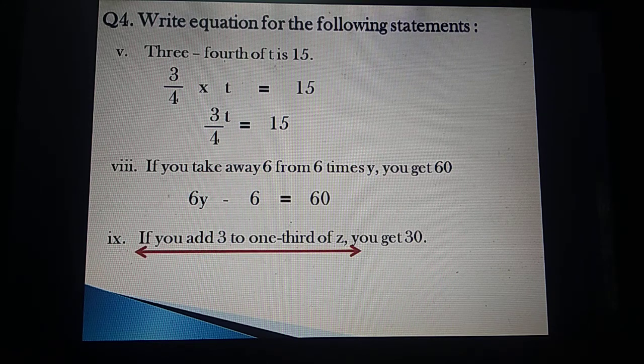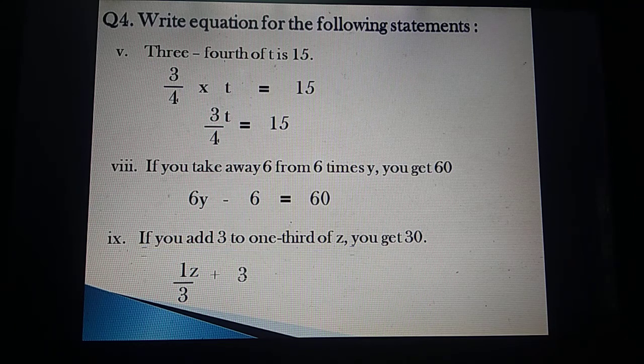If you add 3 to 1/3 of set, first we will evaluate this. Add 3 to means again order is changed. First you will write 1 by 3 of set, add 3 to it, and finally you get means equal to 30 as it is.